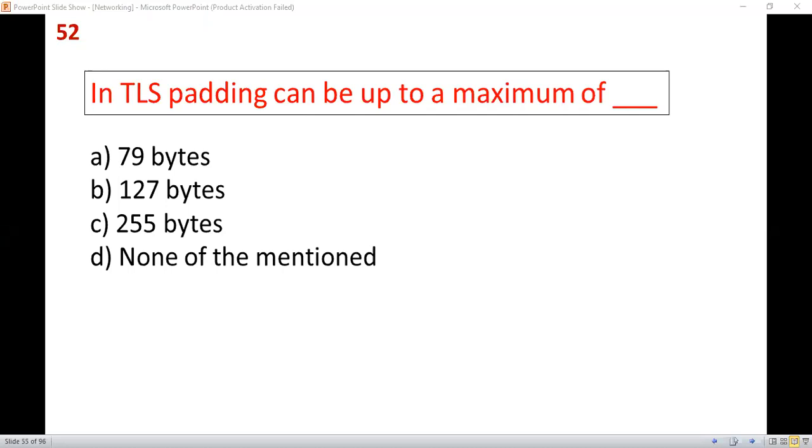The answer for this question will be 255. Padding can be up to a maximum of 255 bytes. The TLS protocol provides encryption, data integrity and authentication, and on the modern internet, despite the protocol's importance, currently deployed TLS versions use obsolete cryptography algorithms which have been broken using various attacks.